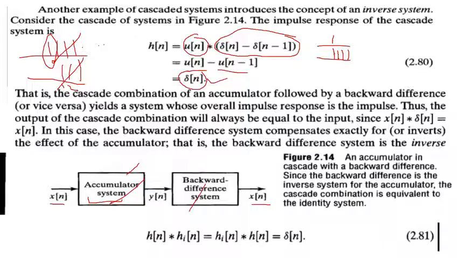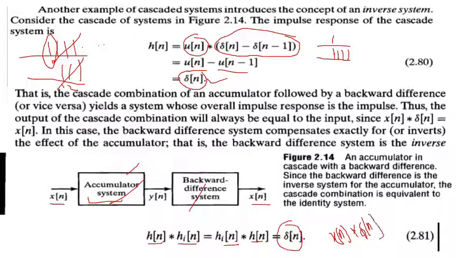So we know that if this is h of n, this is the inverse. Or if this is the inverse, this is h of n. So if inverse impulse responses are convolved, the output will be delta of n. So if you convolve x of n with delta of n, what will be the output?